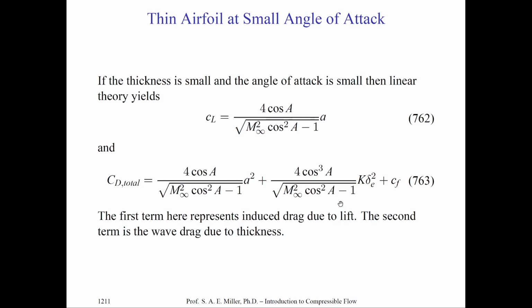The second term is due to what we call the wave drag, and that's due to the thickness of the airfoil. You can see this here with the thickness ratio term delta sub E squared along the normal direction of the flow, tangential direction relative to the wing leading edge, plus the skin friction parameter.